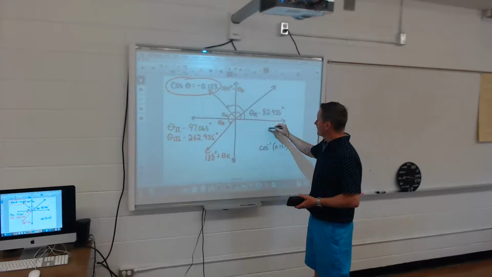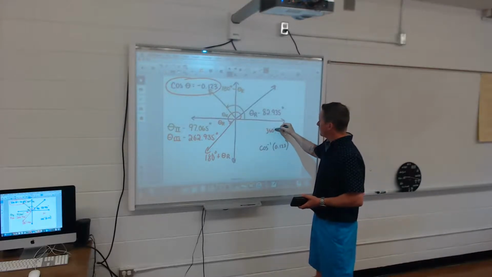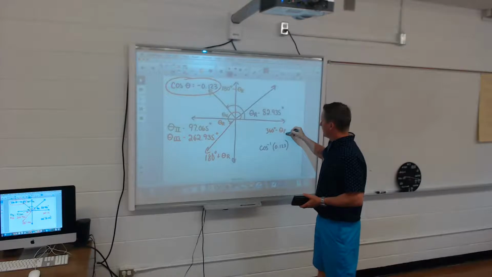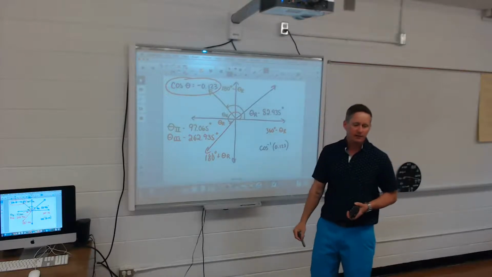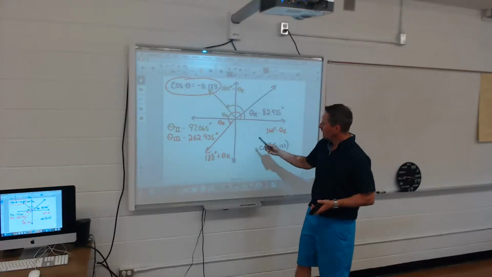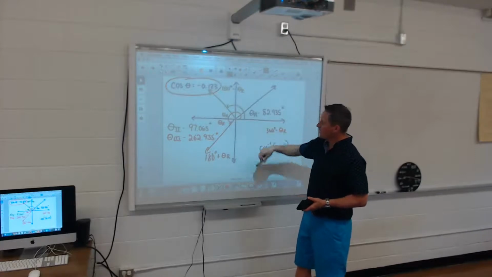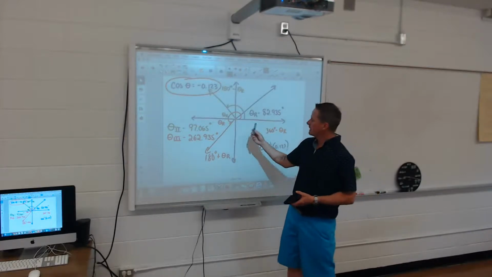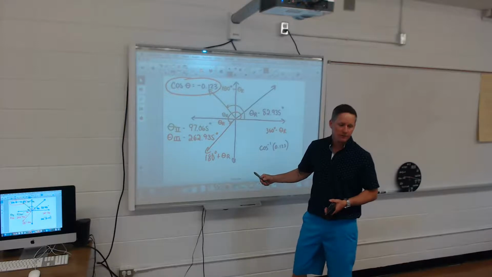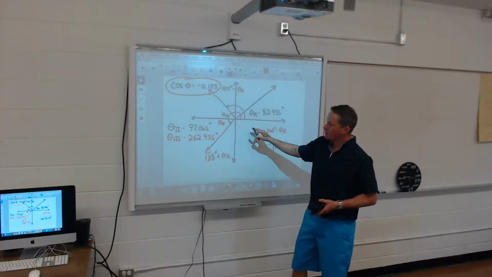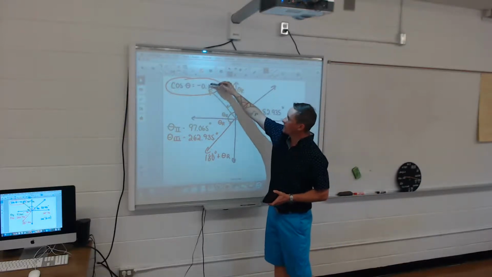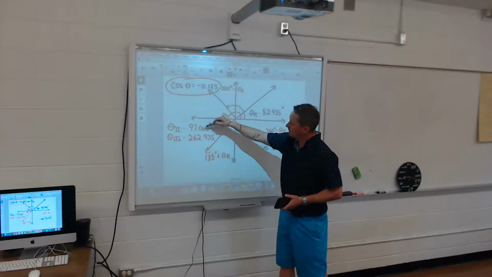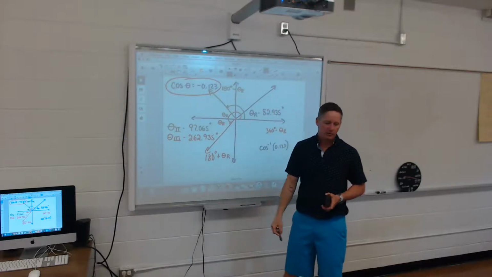In this quadrant, you'll remember, it is 360 degrees, subtract the reference angle. Now the reason I don't have anything in quadrant 4 is because cos is positive in quadrant 4. So I don't need the ratio here. The ratio is negative, so I find those two.